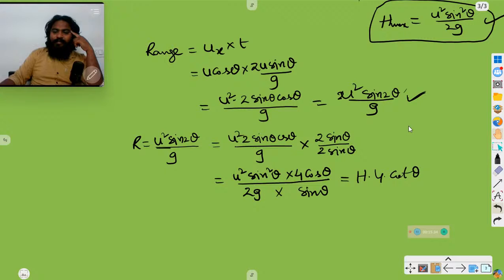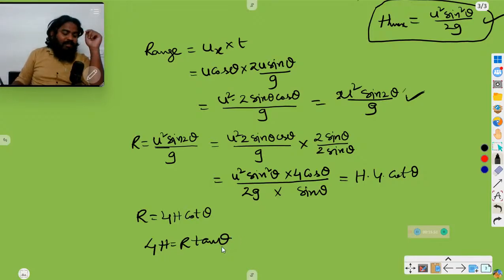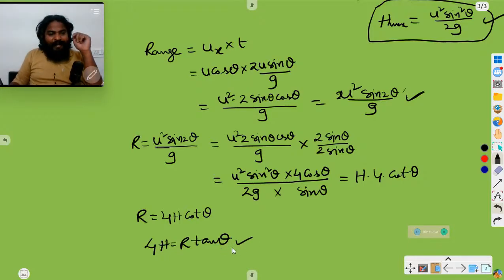Or else I can send the cot to this side and write 4h equals R tan theta. This is the relation between the maximum height and range. Clear?